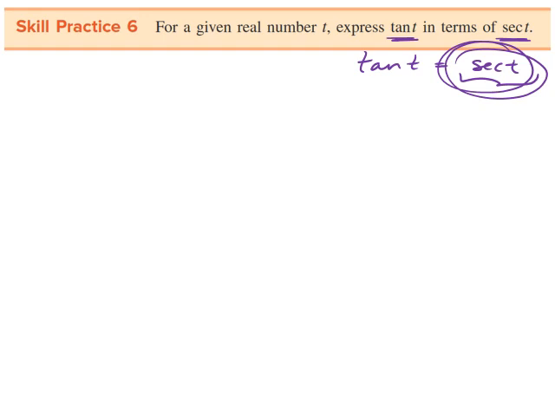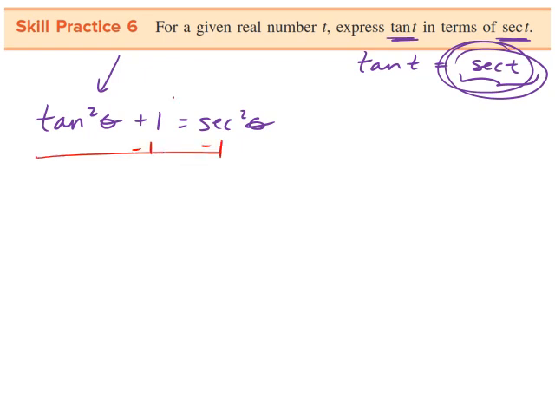Well, I know the Pythagorean identity: tangent squared of theta plus 1 is equal to secant squared of theta. So I need to solve this and get tangent by itself. The first thing I will do is subtract 1. Tangent squared of theta is equal to secant squared of theta minus 1.